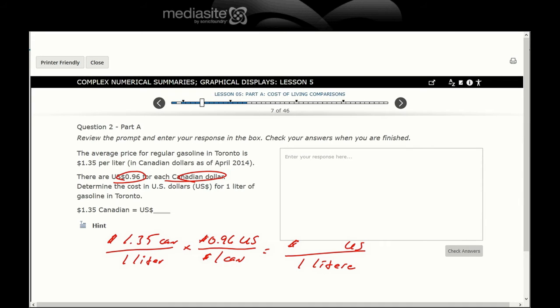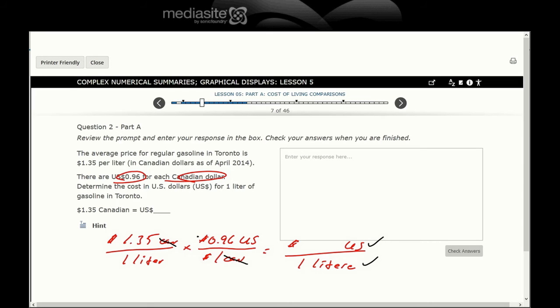And what we're going to get is units canceling. Basically Canadian. So what's left on top? What's left on top is US and liter. So let's multiply $1.35 by 0.96.